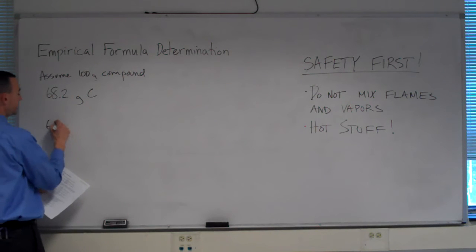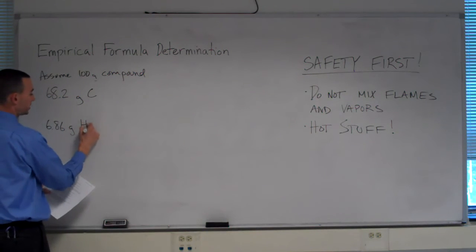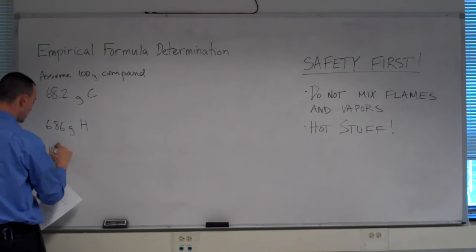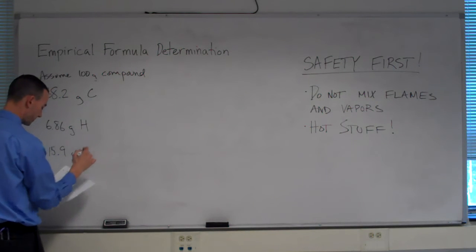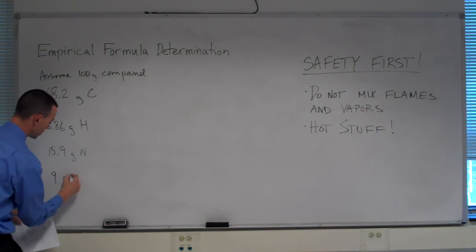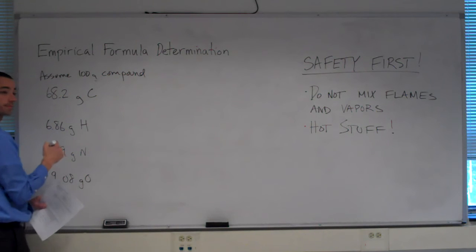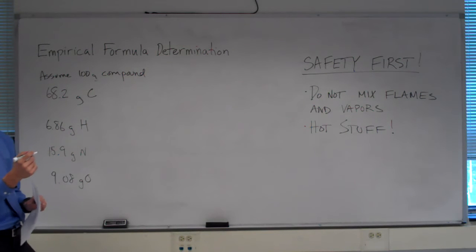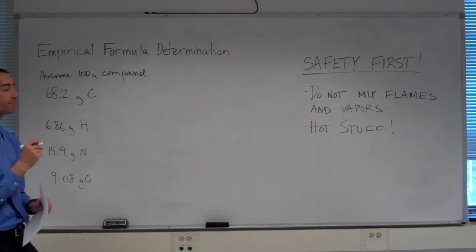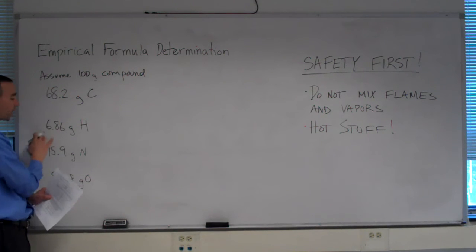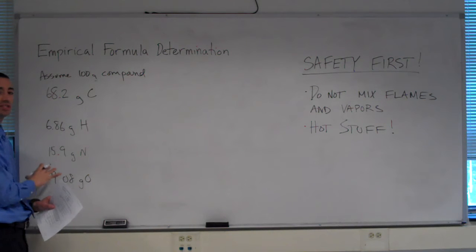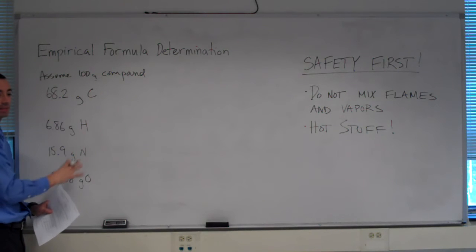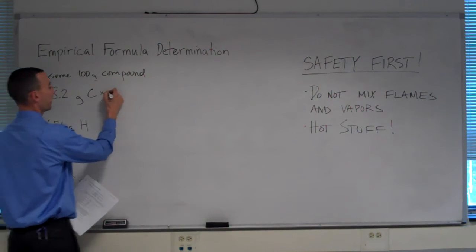We also would have 6.86 grams of hydrogen, 15.9 grams of nitrogen, and 9.08 grams of oxygen. To come up with the formula, we need the ratio of the moles, again, not the masses, because each of these weights or masses represents a different number of particles. So we need to be speaking the same language, the language of moles or particles, before we make that comparison.